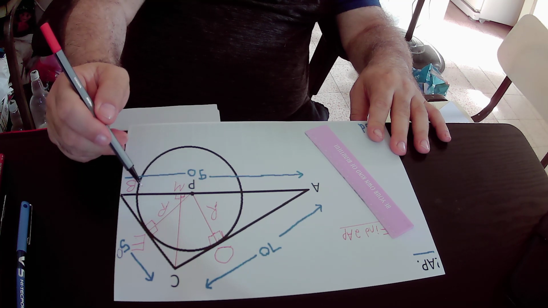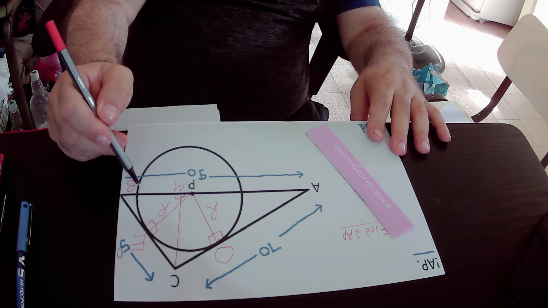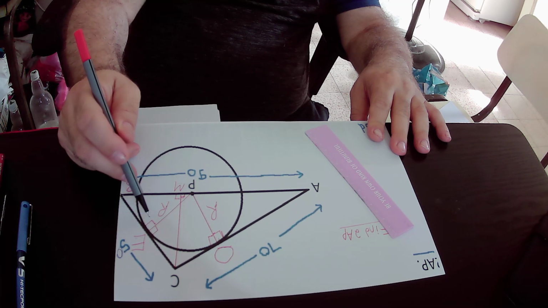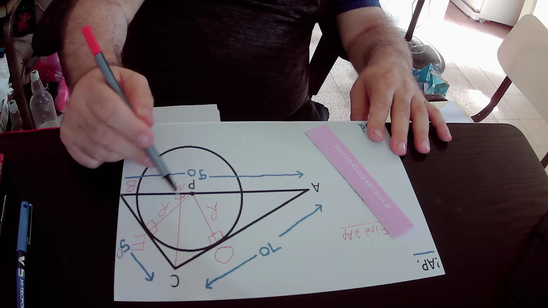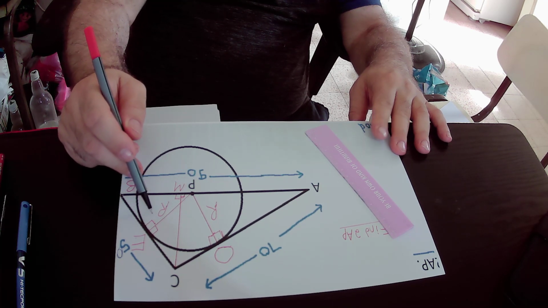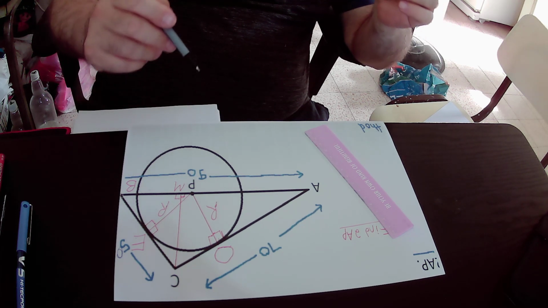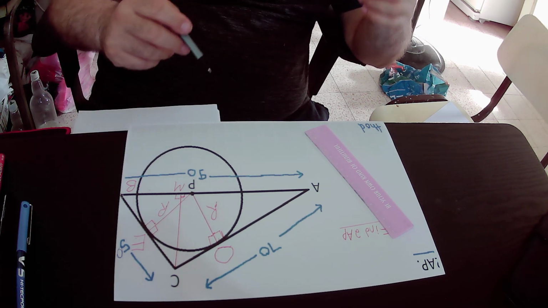And the fourth right triangle is triangle BPO, also a right triangle because this angle is 90 degrees. Okay, so we have in total four right triangles.